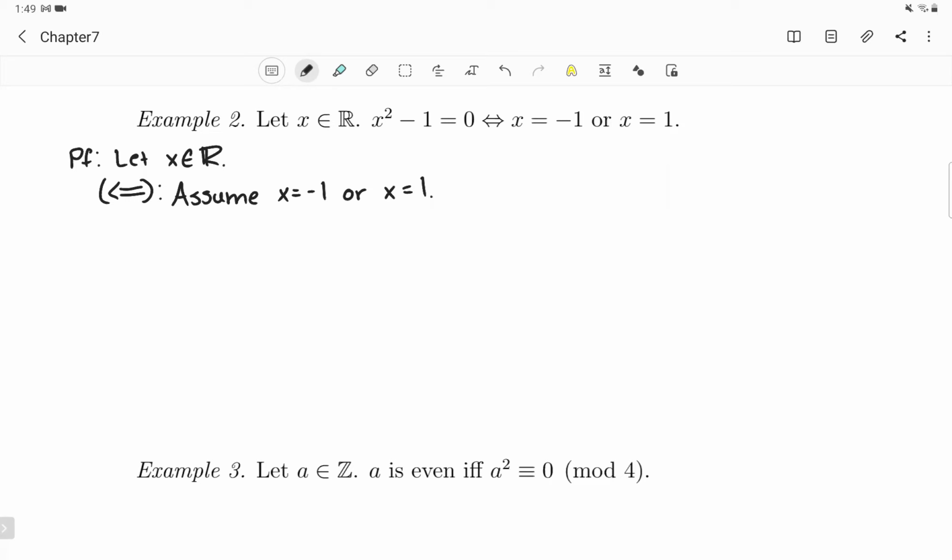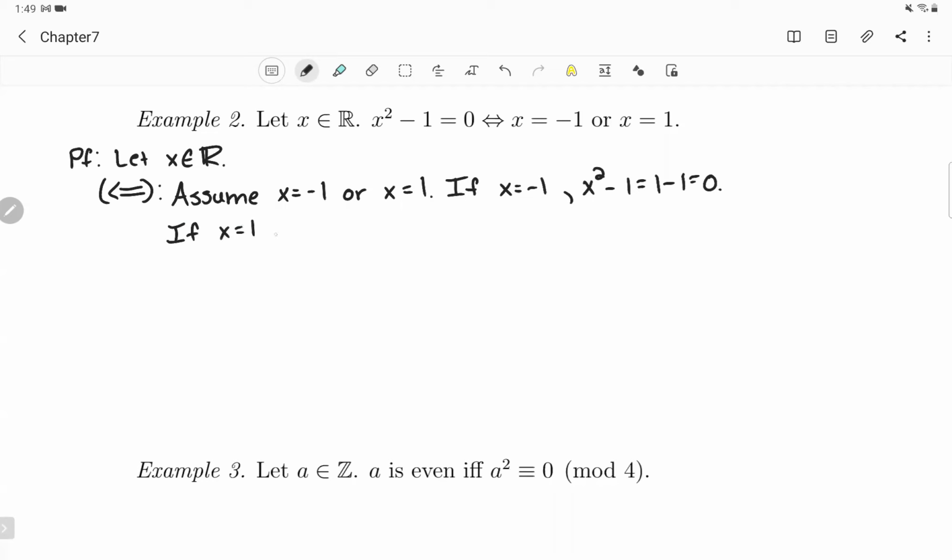All right. What do I want to show? x squared minus 1 equals 0. So we can say if x equals -1, x squared minus 1 equals 1 minus 1 equals 0.